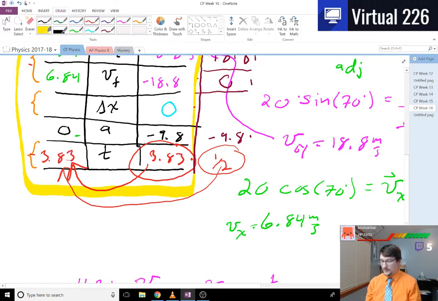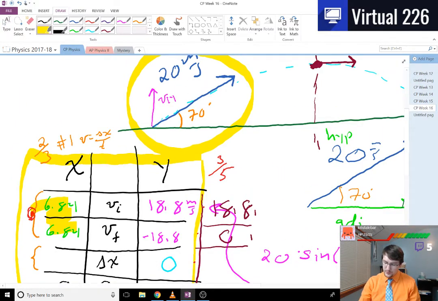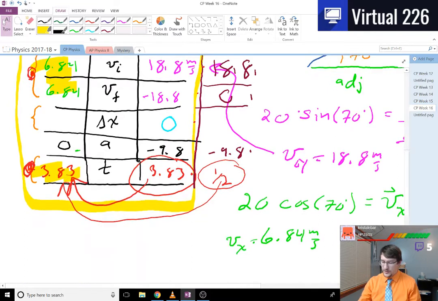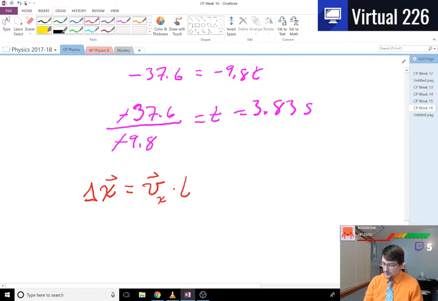We can go up and plunk that in the box, both sides, like I said, because it transfers. And now looking at the box, hey, we've got one thing here, one thing here. That's a velocity and a time. I can go ahead and use equation number 1 to solve for delta x. So delta x simply equals a velocity in the x direction times time.